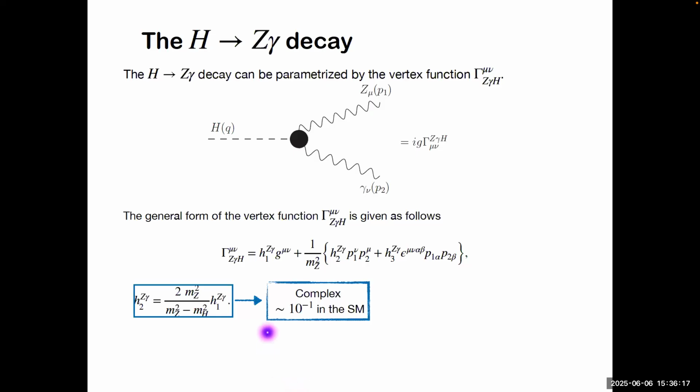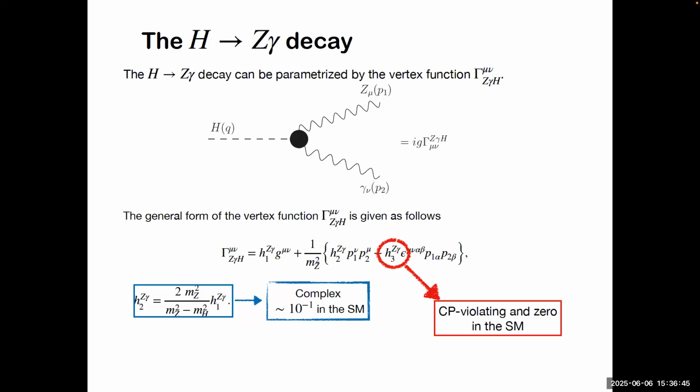In the standard model, the form factor H2 or H1 is of order 10 to the minus 1, and it is well known that this is a complex form factor. The form factor H3 is related to CP violation, and it is 0 in the standard model. It cannot be induced in the standard model.